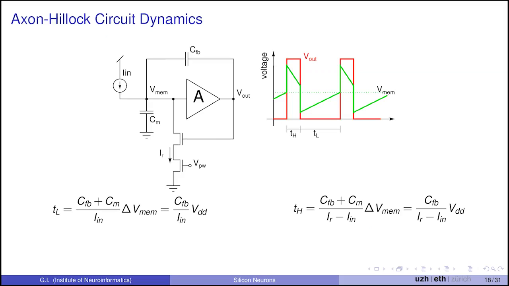And then you basically have a pulse width that is essentially independent of the input current. And that's what typically is done with these axon-hillock circuits. You can really have relatively constant pulse widths. And what really is important is that you can control the pulse frequency, so 1 over TL, and that really depends only on the input current.